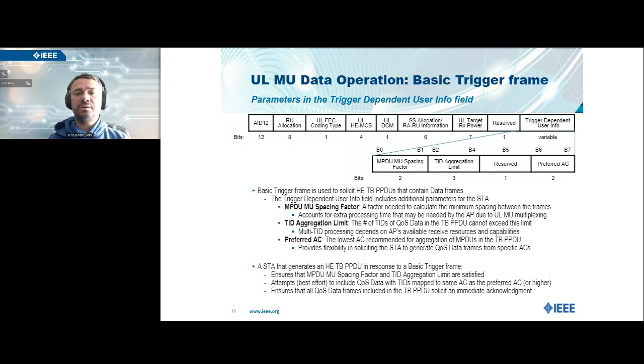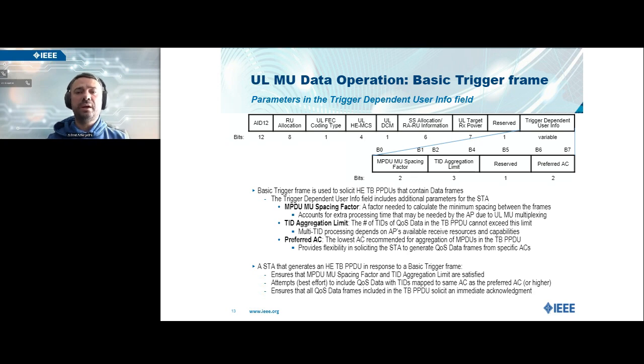And the TID aggregation limit is also a requirement due to the fact that each TID has a block ack session associated with it in general, and those require memory allocated for the access point to process the received MPDUs. And the preferred AC is a best effort parameter that may be satisfied, so that the station, if possible, adds data frames only from the access categories that the access point prefers the station to add.